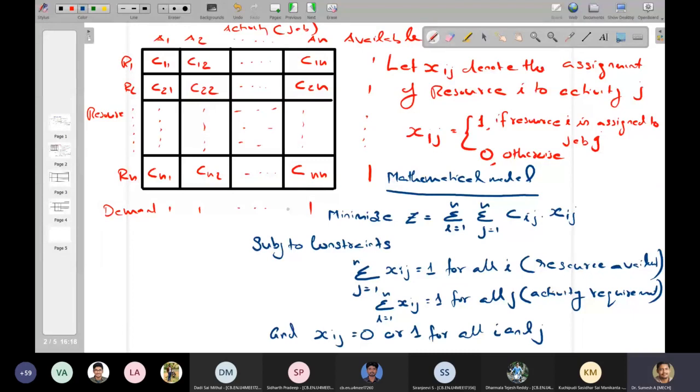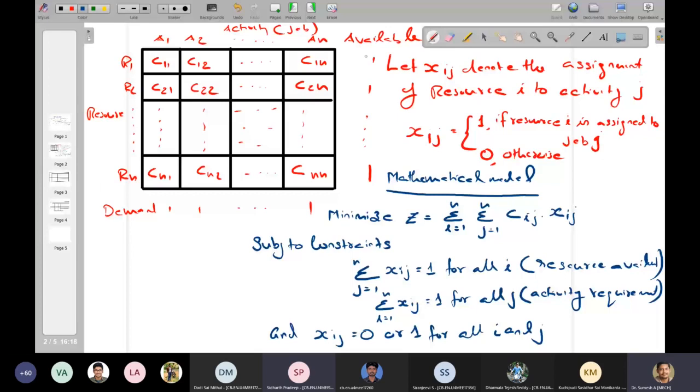Any one is only possible over here. That is why I have given here available is only one. In this particular row, only one resource is available for the activity, any of these activities A1 to AN. Clear?